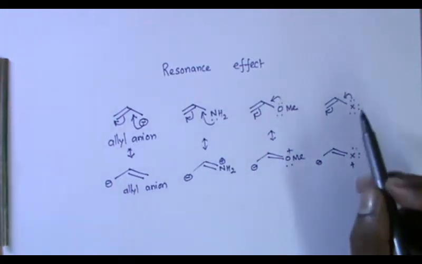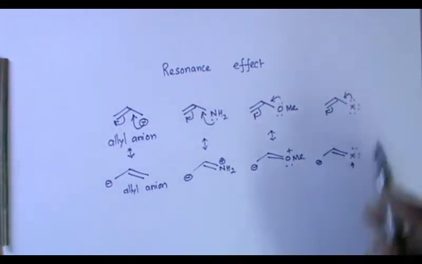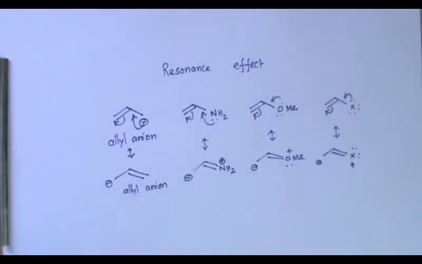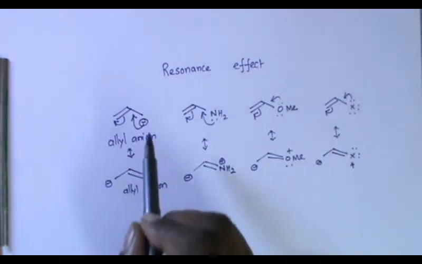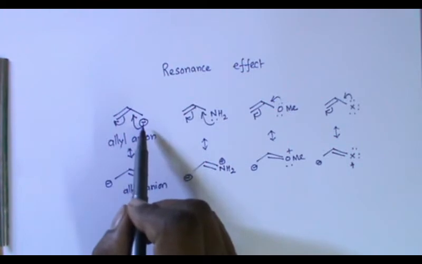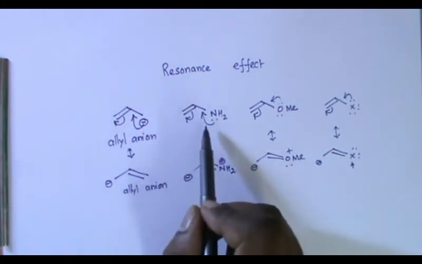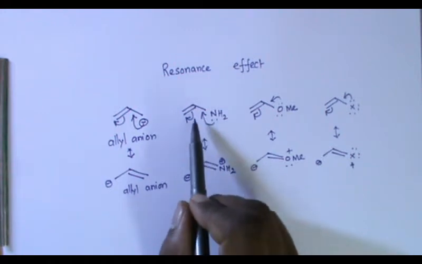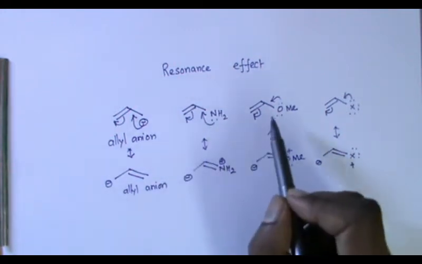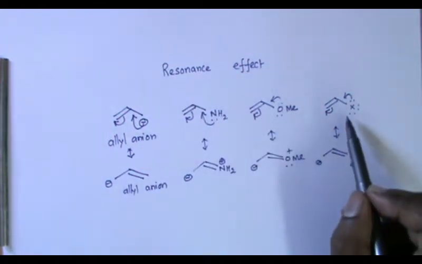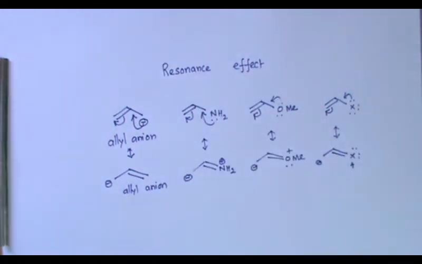Because of that, the magnitude of this resonance will be somewhat less. So the resonance will be more in the case of allyl anion, then somewhat less in vinyl amine, lesser in methyl vinyl ether, and negligible in the case of vinyl chloride.